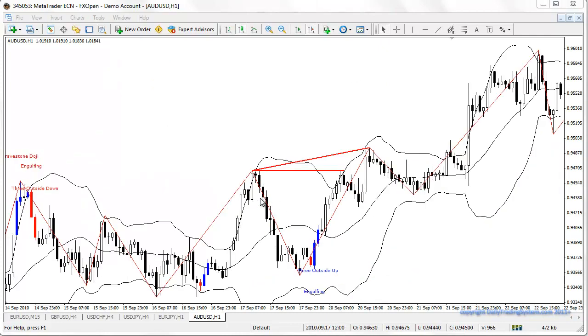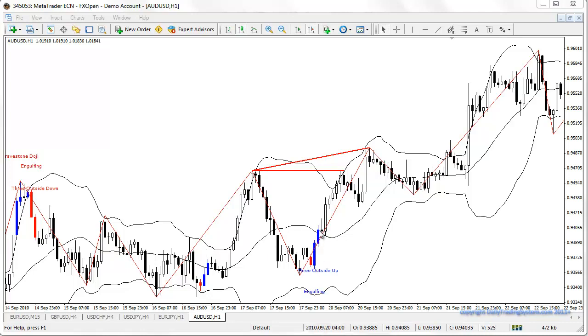Let me just pause for a moment and see if we can find you some more scenarios. Here we go. We've started from up the top here of the high, and come all the way down to form a new support level, or actually a minor support. Here we've got this bullish engulfing pattern happening right here, and then it is confirmed on the next candle.